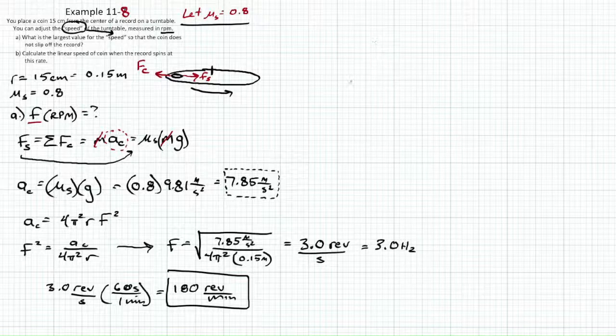So, for part B, it's saying, what is the linear speed of the coin, or what is the velocity, the tangential velocity of the coin when the record spins at this rate? Okay, well, we can say this is the rate right here, 7.85 meters per second squared.